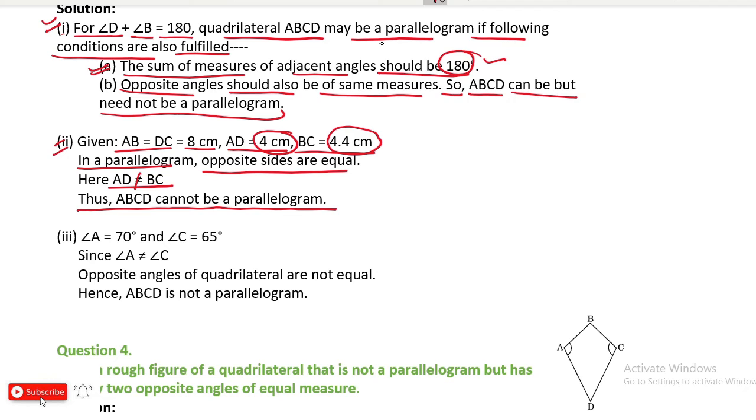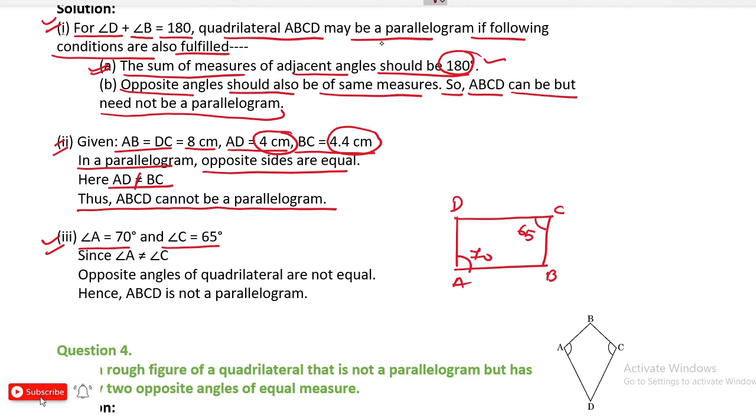Now the third, when angle A is 70 and angle C is 65. Let us draw a figure here. This is your parallelogram figure ABCD. For the third, A is 70 and C is 65.